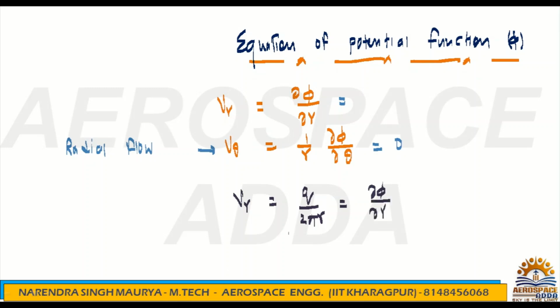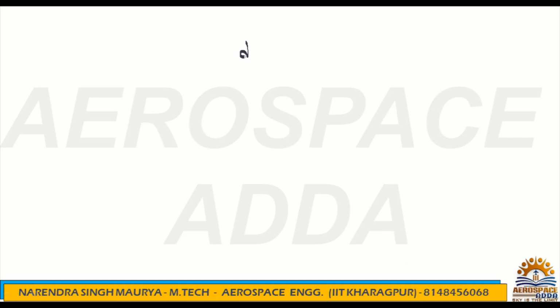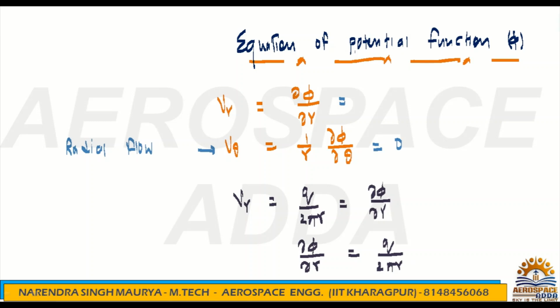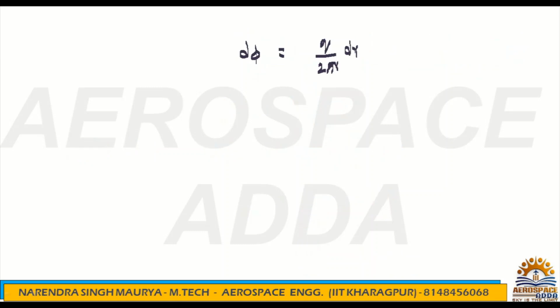So directly you can write dou phi by dou r is equal to Q upon 2 pi r, or you can write d phi equals Q upon 2 pi r into dr. You can write dou in terms of d, the total derivative d phi. If you want to integrate this, what will be d phi?